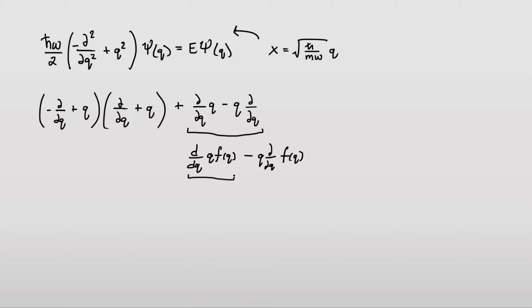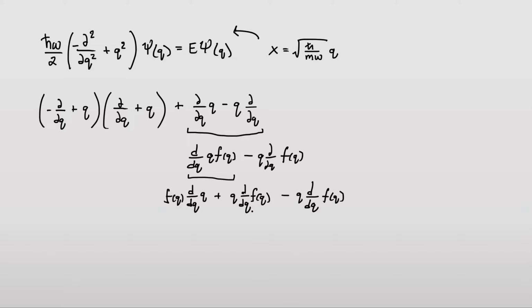So this right here is going to be dq of q times f of q plus q dq, and then we're going to put an f of q right here, and then minus q, this whole part right here, dq f of q.